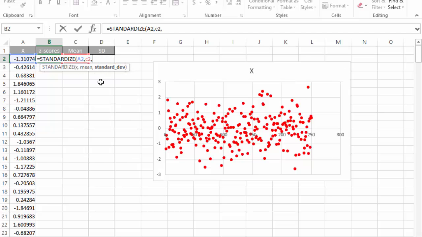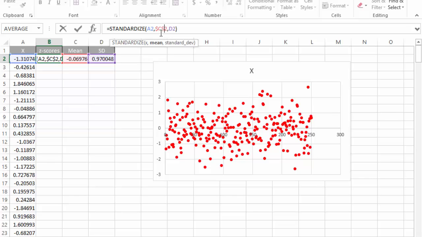And then my standard deviation would be D2. So this one has a z-score. Let me make sure I did that correctly. Yep, it has a z-score of negative 1.27, and the reason is because this number is less than the mean. And I can do that for each one of these data points.